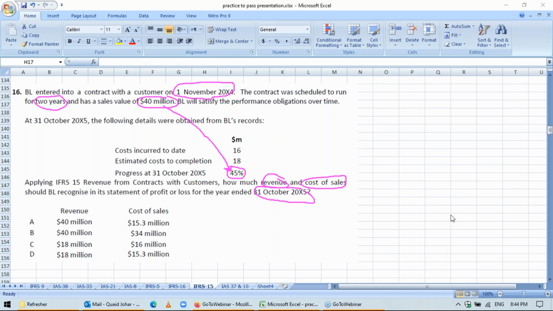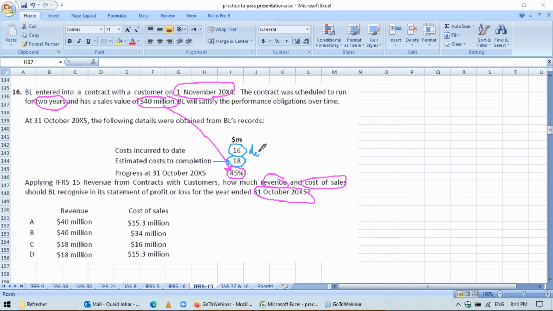So for the cost of goods sold working, I'm using a different color to distinguish. See, the cost which they have already incurred, 16, right? This is the already spent amount. And further they are going to spend how much? This 18 is yet to be incurred. This will be incurred in future.